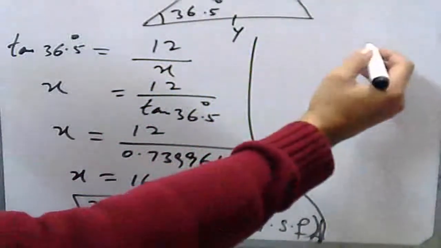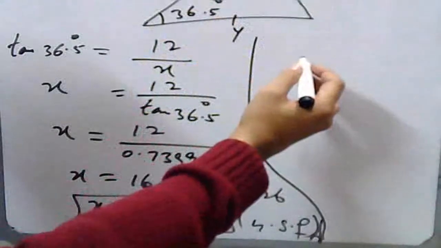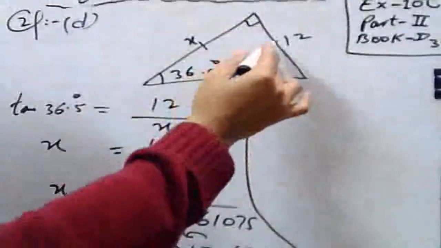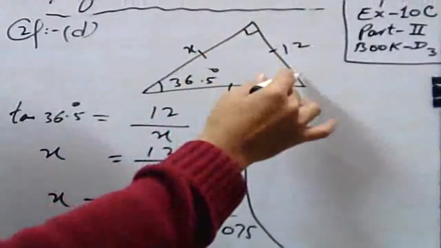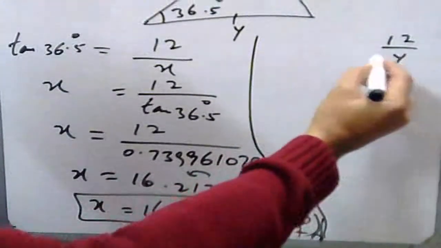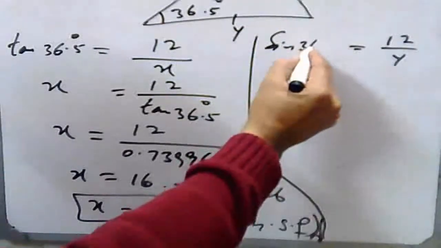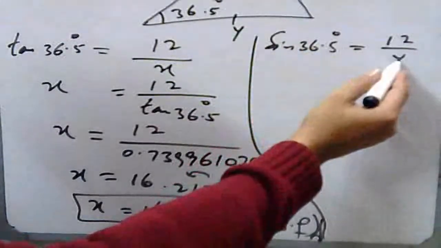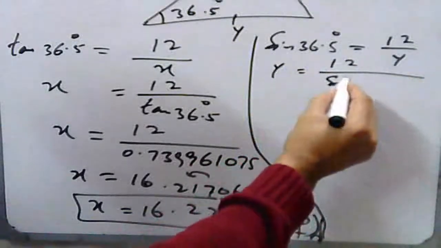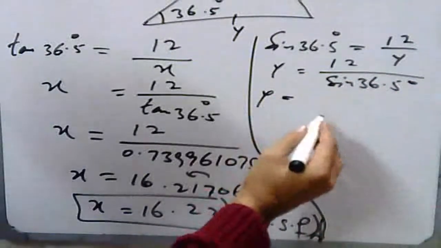Similarly, you have to find another side, you can see here we need the value of y also. So you can take the ratio, y is your hypotenuse, and if you take this angle, that is your opposite side and hypotenuse. So opposite to the hypotenuse is known as sine, so you can take sine 36.5.